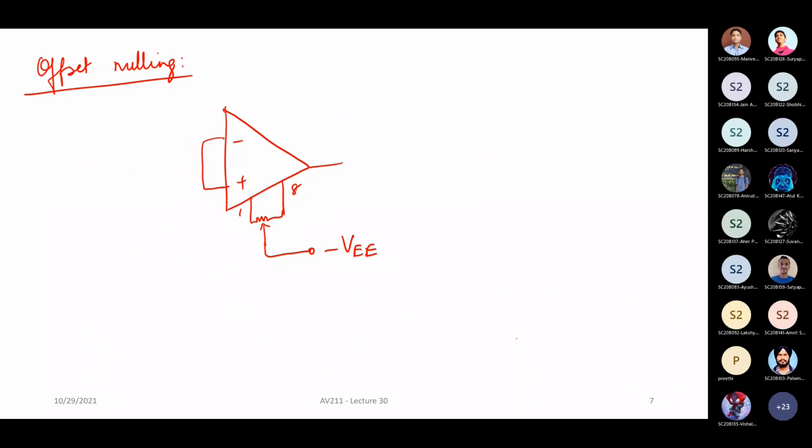Now this can be done manually, but there are some problems. It solves the offset to a first order, but the offset itself will drift across temperature.